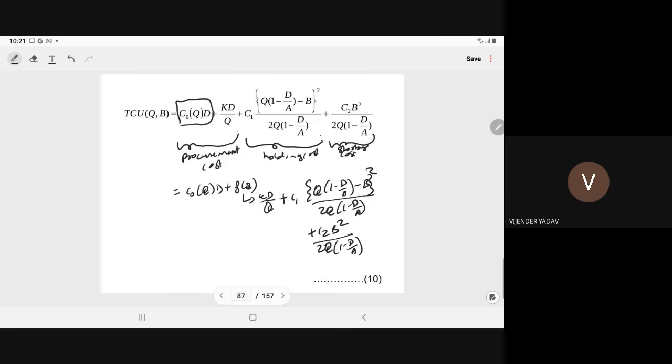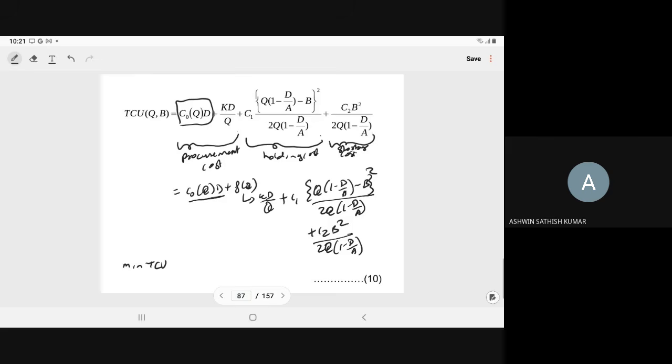So what do we want? We want minimum TCU. What is the nature of C naught Q into D for a particular Q?